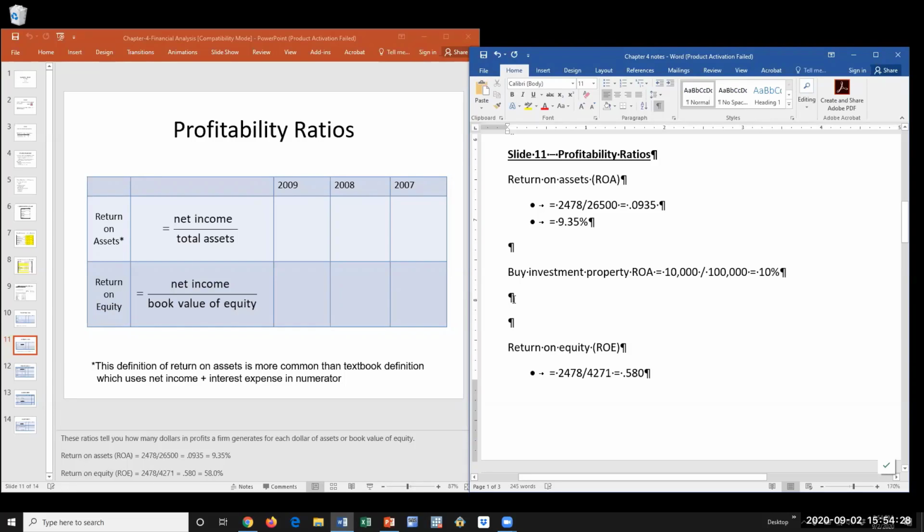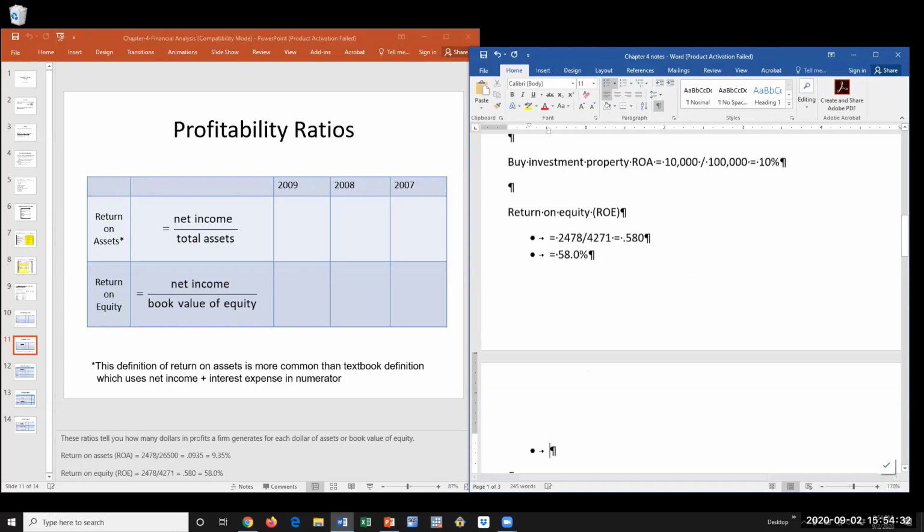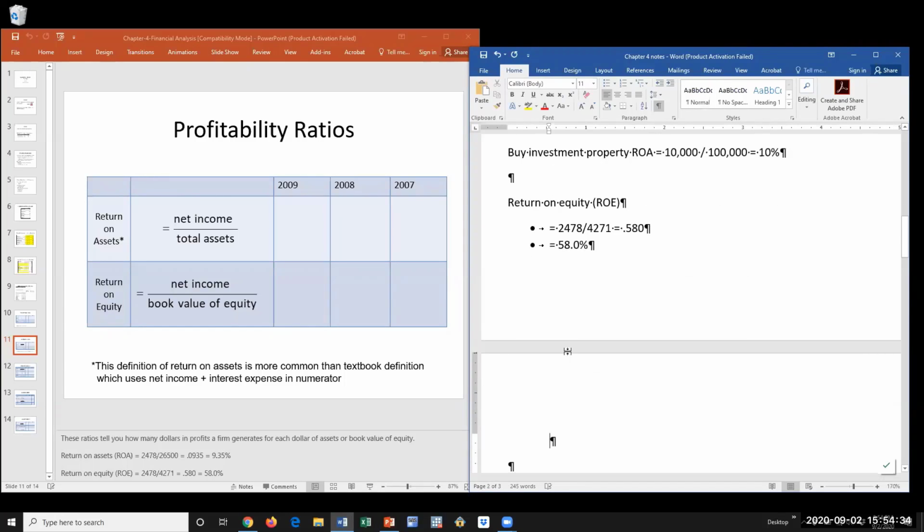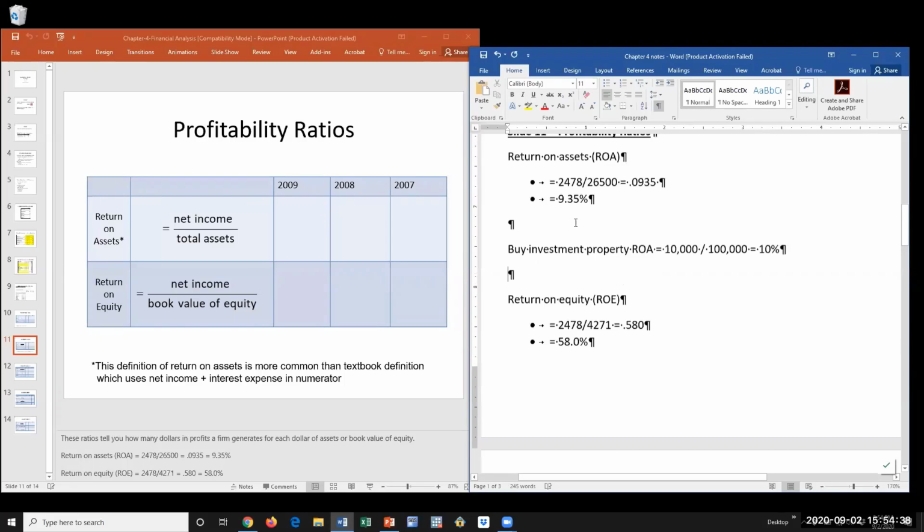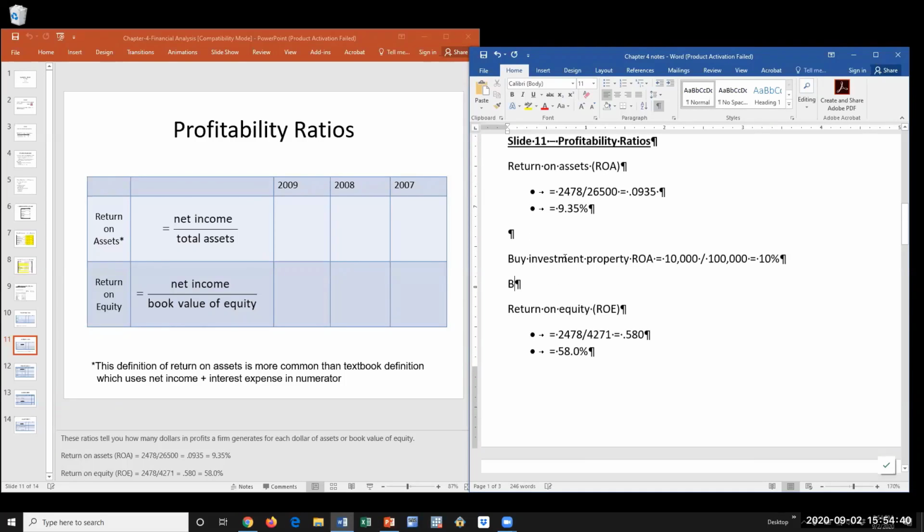Now let's take a look at the return on equity if we do something different. Let's say that we buy the investment property with a $90,000 loan.